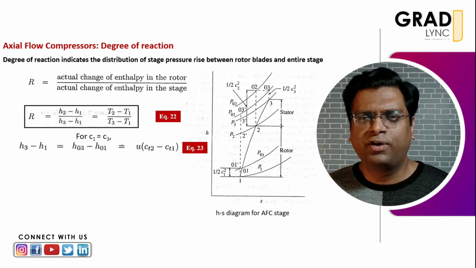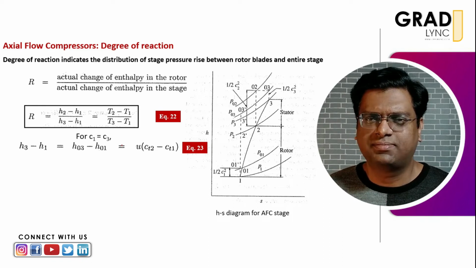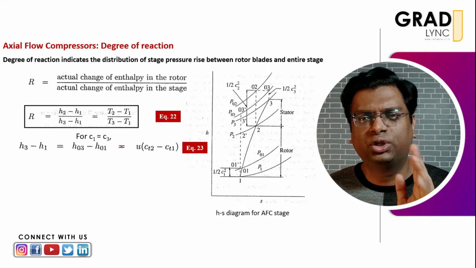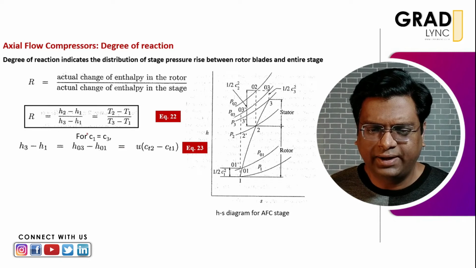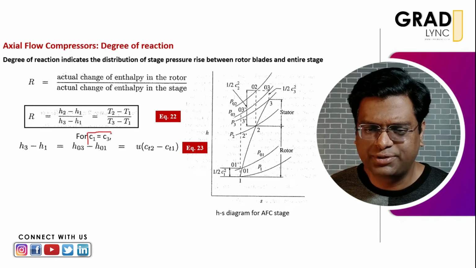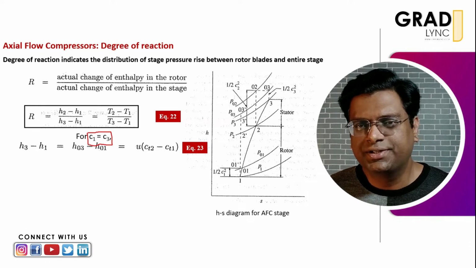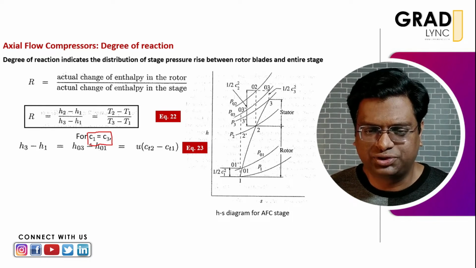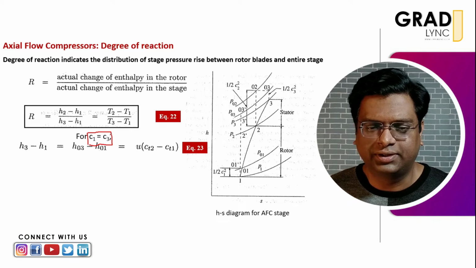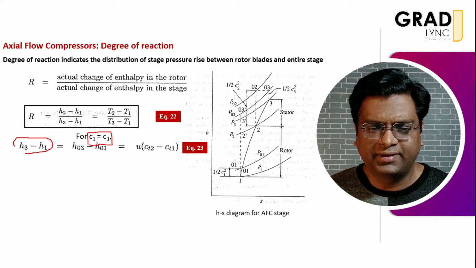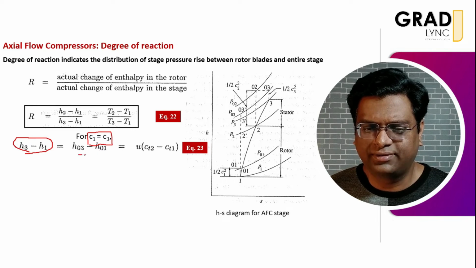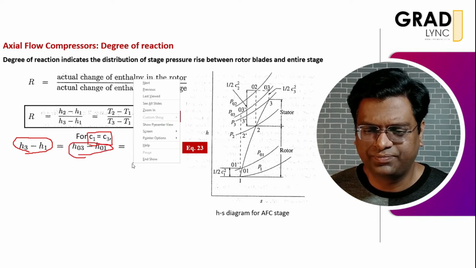Now if you try to recall the concept of no inlet guide vanes, in that case, the absolute velocity at the rotor entry is equal to the absolute velocity at the stator exit, right? So C1 is equal to C3. Now for this assumption, the static enthalpy change is the same as the stagnation enthalpy change, right?